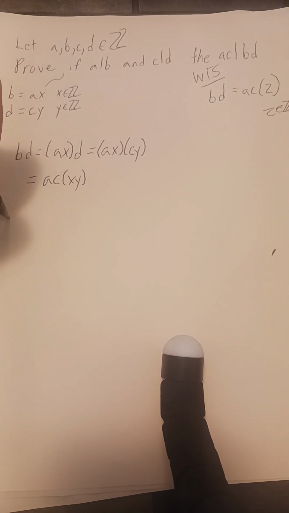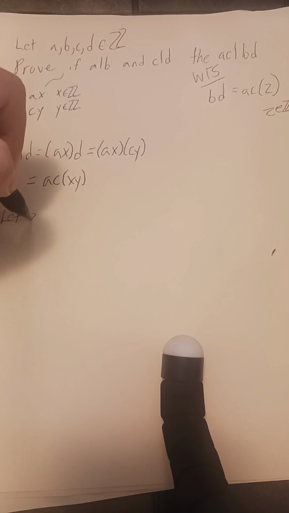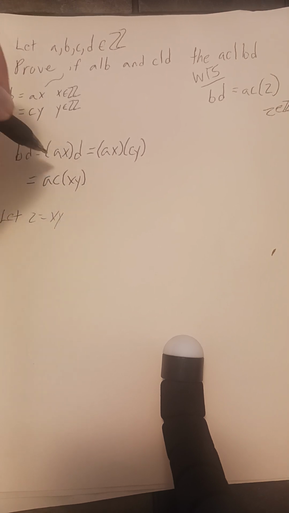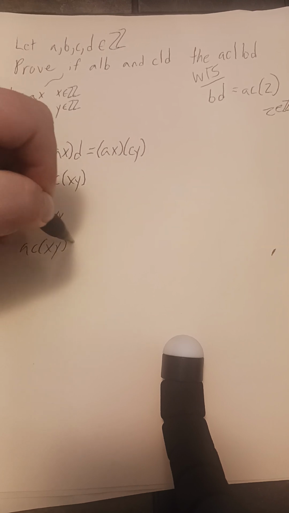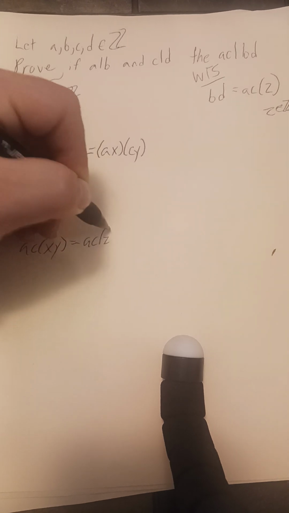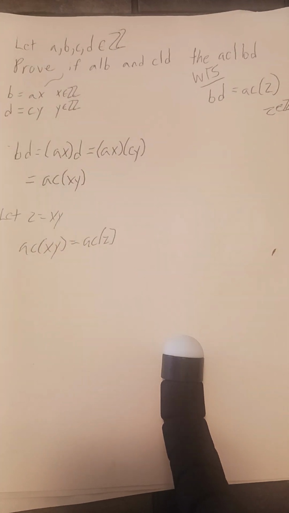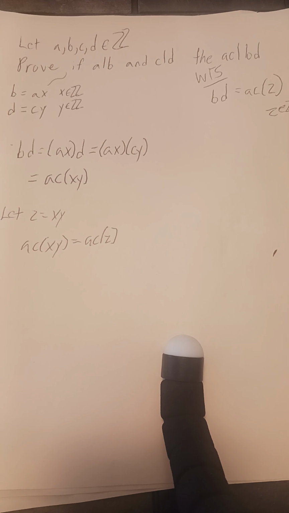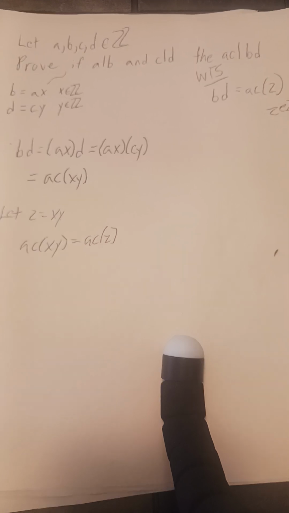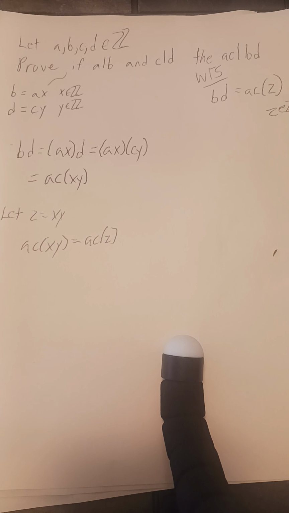We could say let Z equal XY, and then ACXY is ACZ, which proves that AC divides BD. Now, I'm not going to bother to write up the formal proof. I just want to do the scratch work and show the thought process, how to solve some of these proofs. So let's do another one.